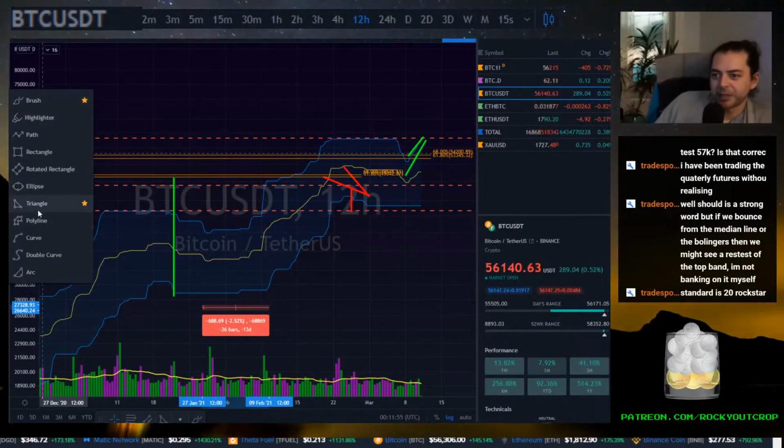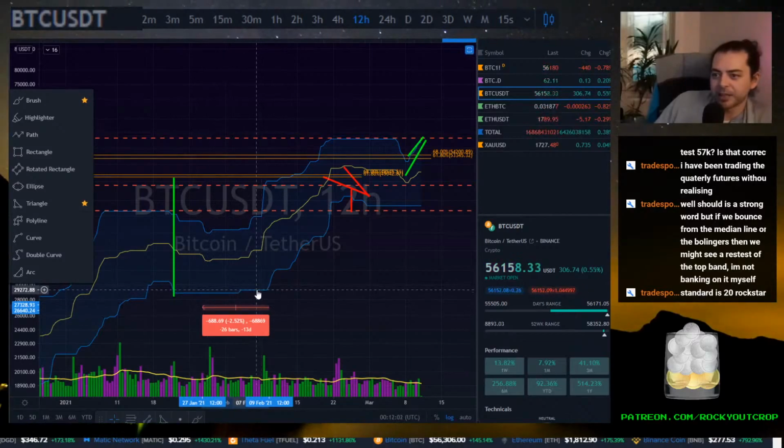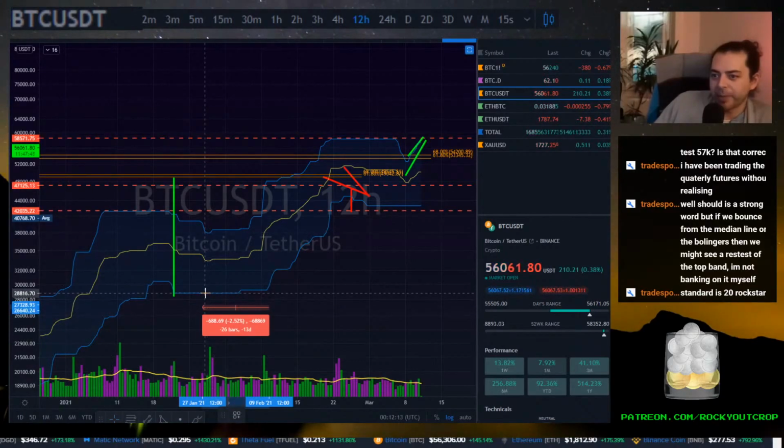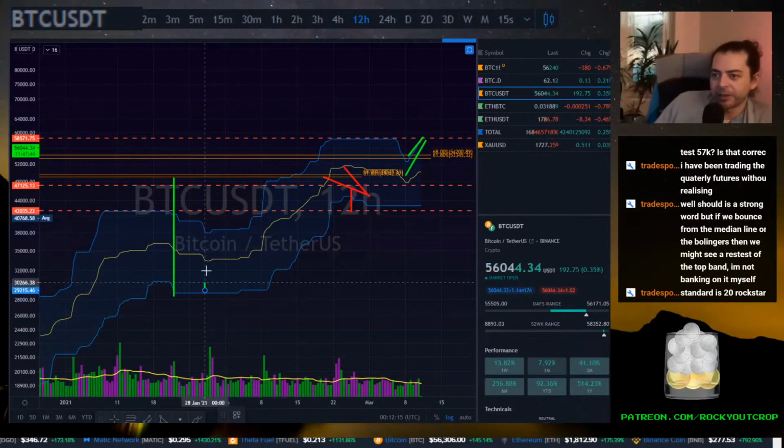Now, I know that it didn't come down as low as this, because this would extend out to the right. So I can be pretty sure that at this point here, we saw a wick come down to here.